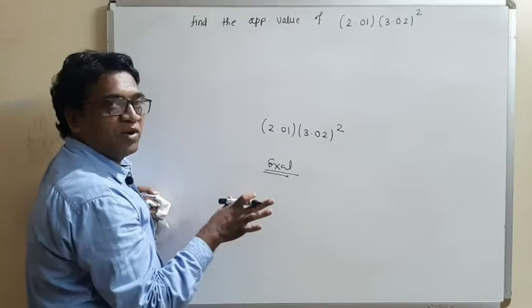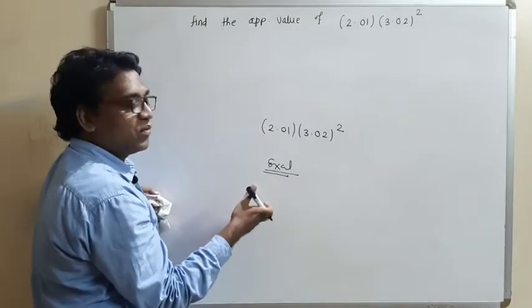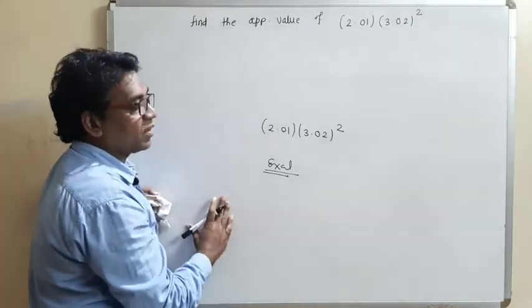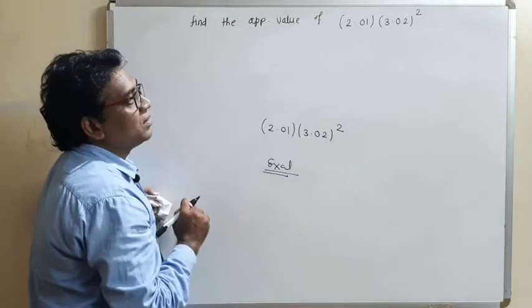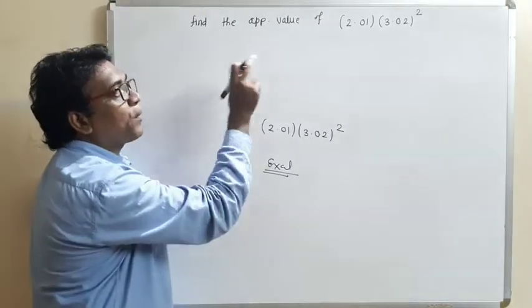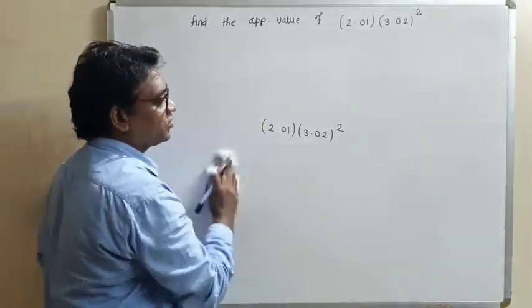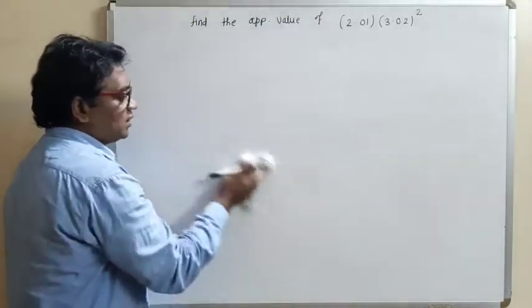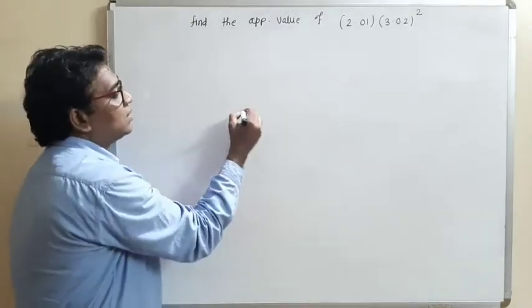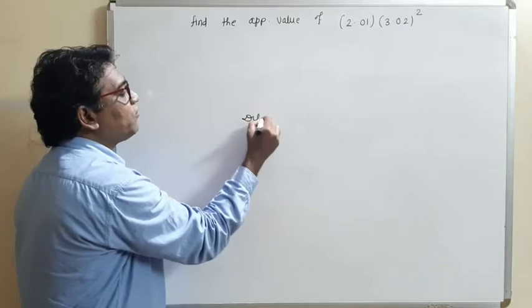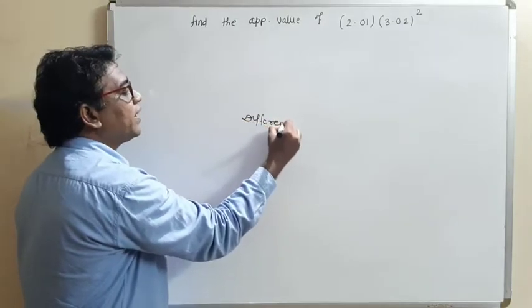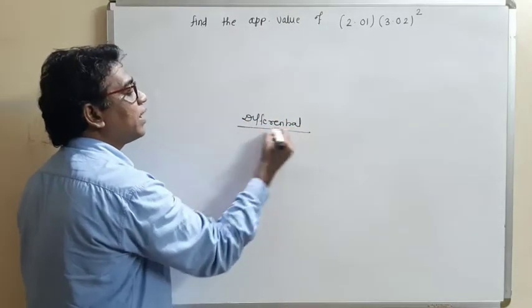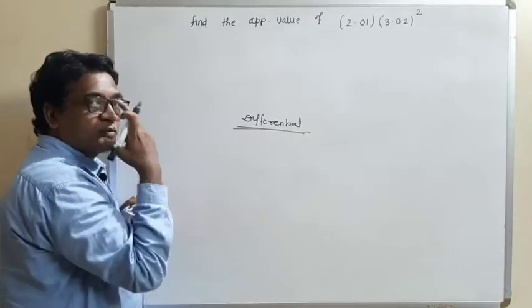But what is the question? We want to find out some approximate value of the function, and what is the method? That method is called the differential formula for finding the approximate value of the function.